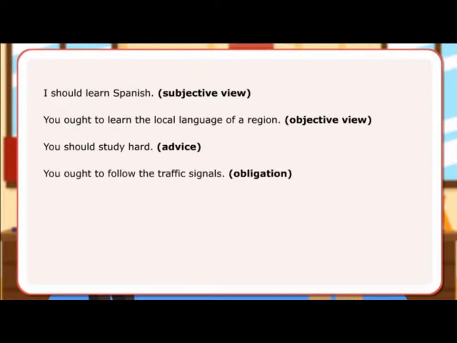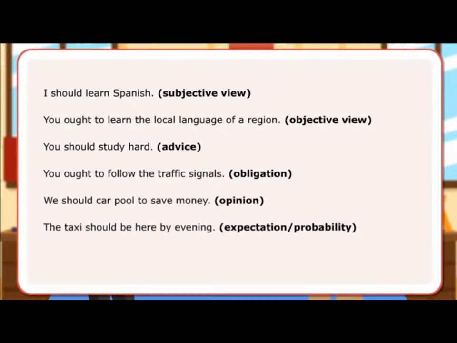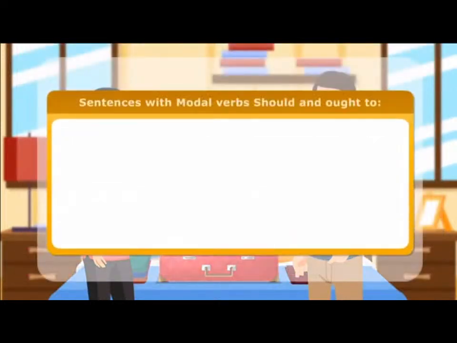Obligation. We should carpool to save money. Opinion. The taxi should be here by evening. Expectation, probability. We should also install solar panels. Idea.